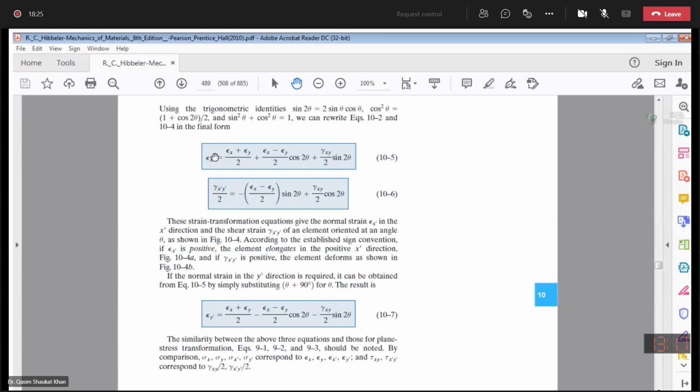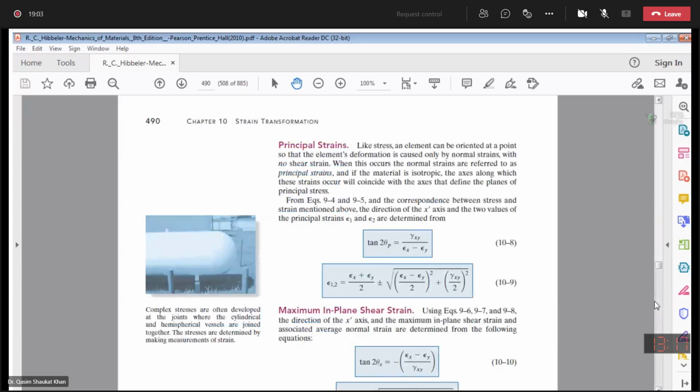So the method to get the equation for the principal strains and the principal planes for the plane state of strain is that you differentiate epsilon x plus epsilon y over 2 plus epsilon x minus epsilon y over 2 cos 2 theta plus gamma xy over 2 sin 2 theta with respect to theta, and then equate it equal to 0, and you will get the orientation of the principal planes.